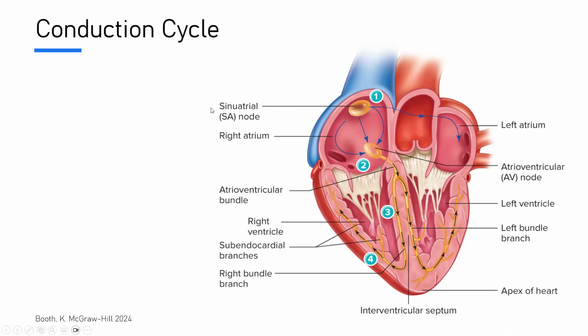The electrical impulses start right here with this little node called the sinoatrial node, or the SA node. The SA node is what is referred to as the pacemaker of the heart.